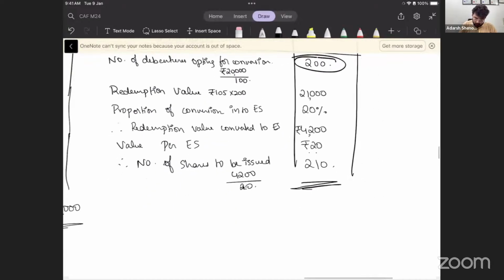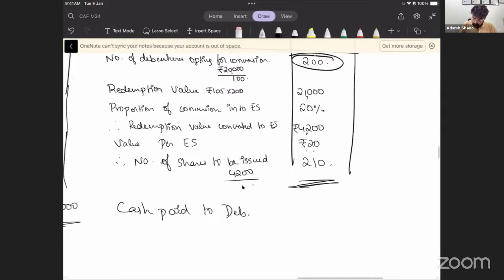They have also asked for the amount paid in cash. How much cash is paid to debenture holders?